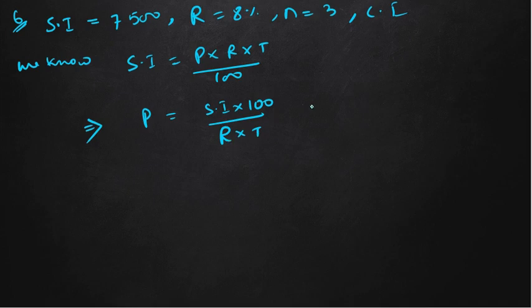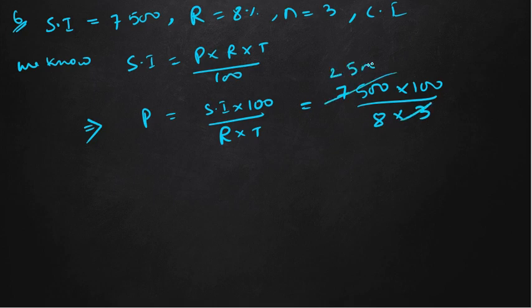So what is the simple interest? Simple interest is 7500 into 100 divided by rate. Rate is 8% and time, that is the number of years, that is 3. So this will be your 3 2s are 6, 3 5s are 15, 00.